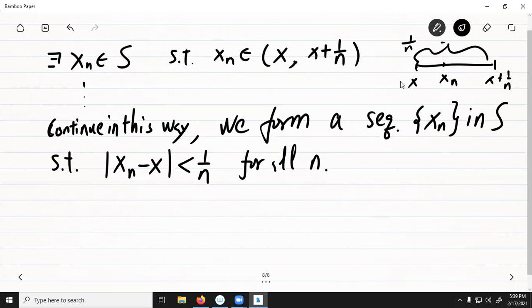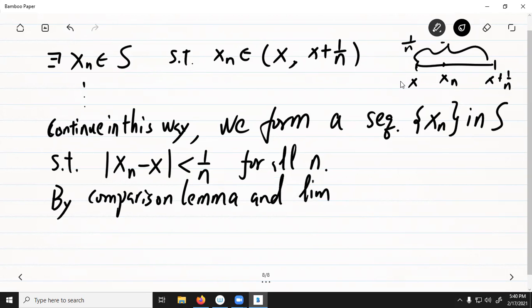So by the comparison lemma we learned in the previous section, and the fact that the limit as n approaches infinity of 1/n equals 0, we can conclude that this xn approaches x.